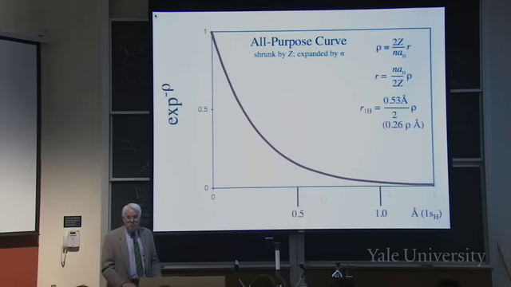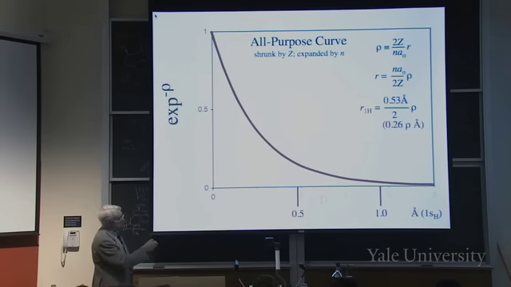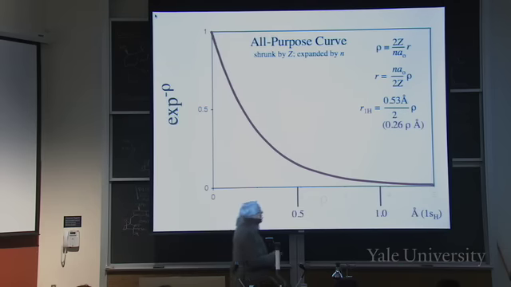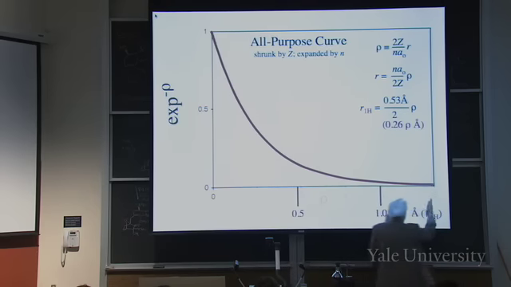Now, if I were talking about a carbon atom, which has a nuclear charge of +6, then this number Z is going to be much bigger. It's going to be 6 times as big. What effect will that have on the scale? Suppose we're at 5 for rho.